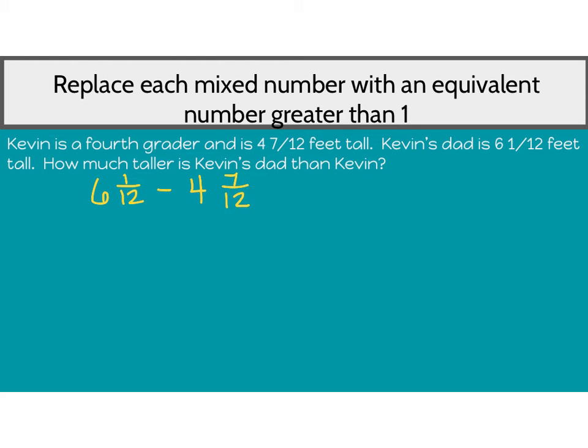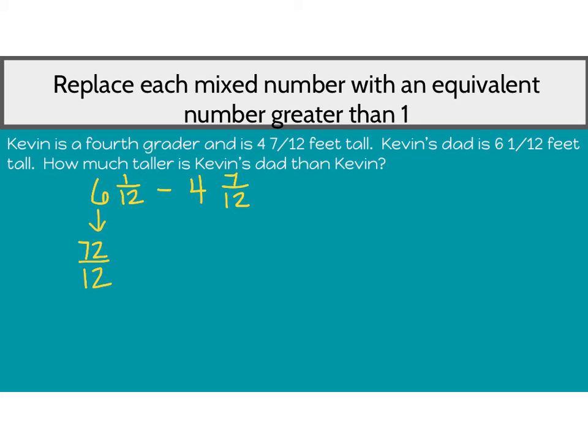The first thing that we're going to do is take a look at how many 12ths 6 wholes would be. So that 6 is going to turn into 72 over 12 because I know that 1 whole is 12 twelfths, and I would have 6 of those.